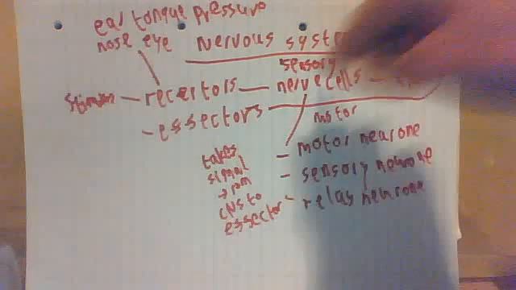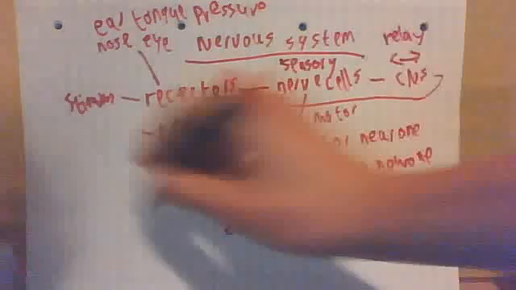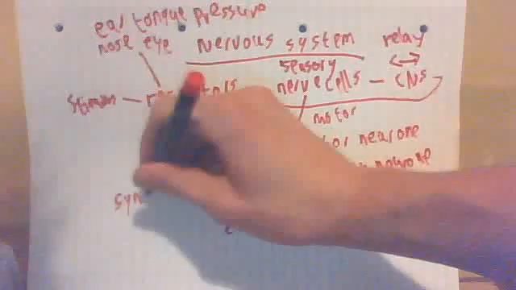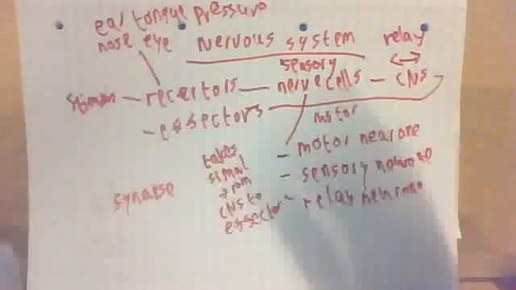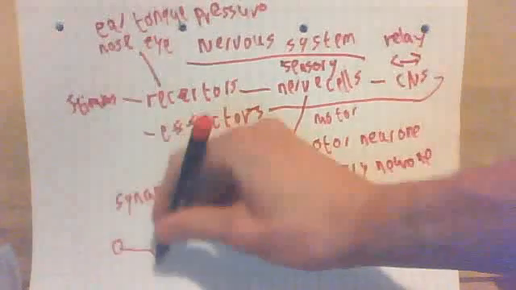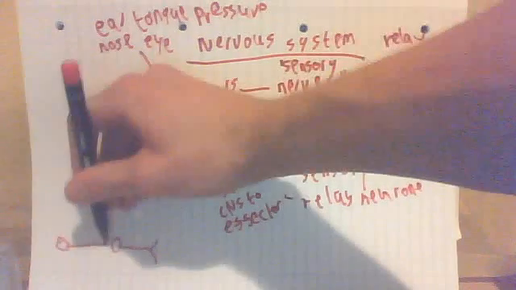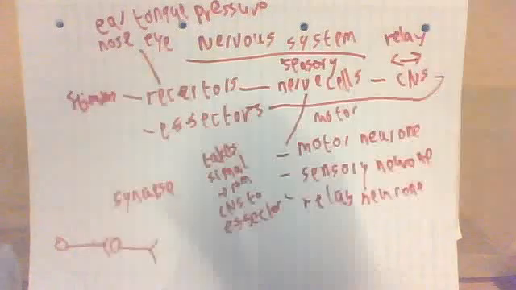There's also gaps in between these particular neurons, and these gaps are called synapses. Right, for you, synapse. So when you have a neuron like this, and then another neuron coming off of it, this little gap here is your synapse.